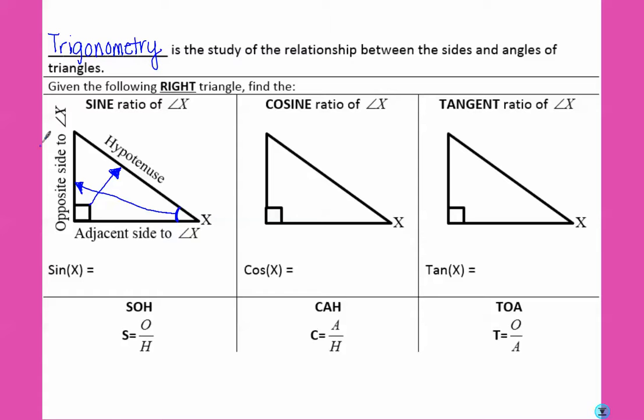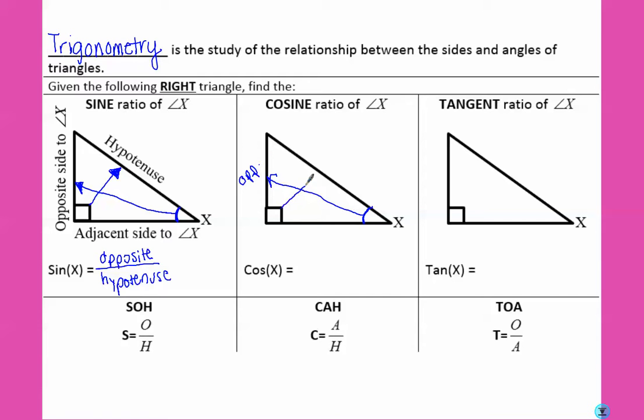So if we wanted to know the sine of x, we would divide the opposite side by the hypotenuse. For cosine, the ratio of angle x, we're still at angle x, so the angle across from it is still the opposite side.